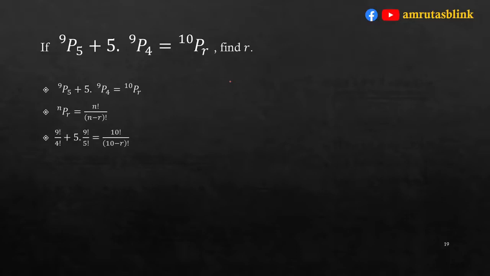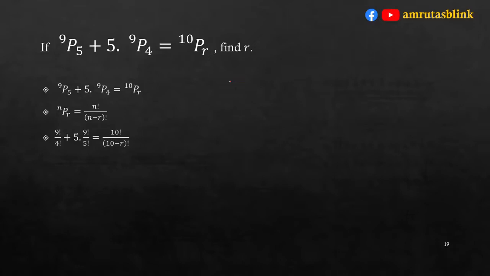So we'll rewrite the given problem: 9P5 will be 9 factorial upon 4 factorial, plus 5 as it is. Now 9P4 will be 9 factorial upon 5 factorial, and the right hand side will be 10 factorial upon (10-r) factorial.